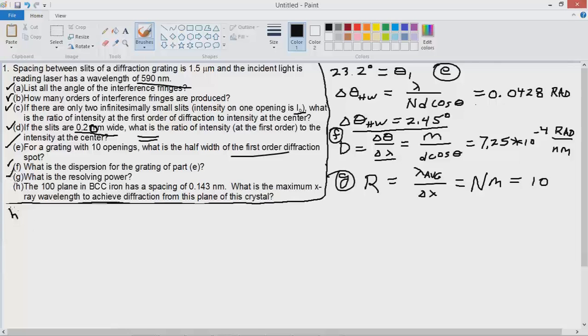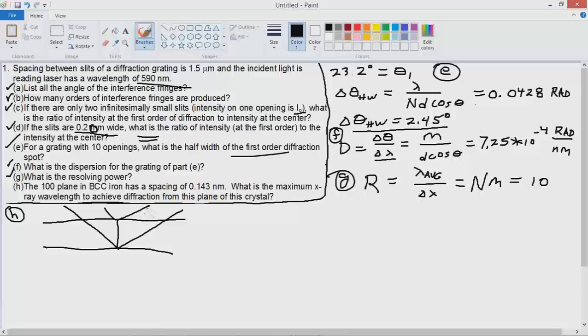Part H, this is Bragg diffraction, a little bit different. We have planes in a crystal. We have a beam coming in at the top, and beams going out. And when the path length difference, which is given by the sum of these two lines, is a full wavelength, then we get Bragg diffraction.